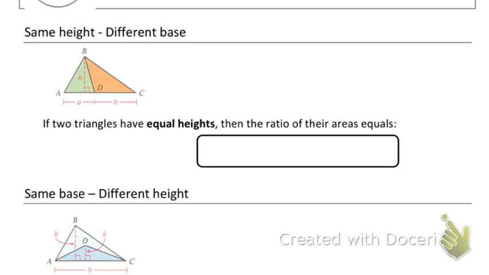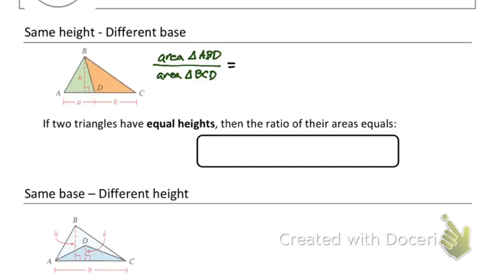So if I was going to compare the two areas in a ratio, I would say, well, the area of triangle, let's call it ABD, and we'll do that over the area of triangle, let's call it, BCD. They're not similar, so it doesn't matter how I label them.